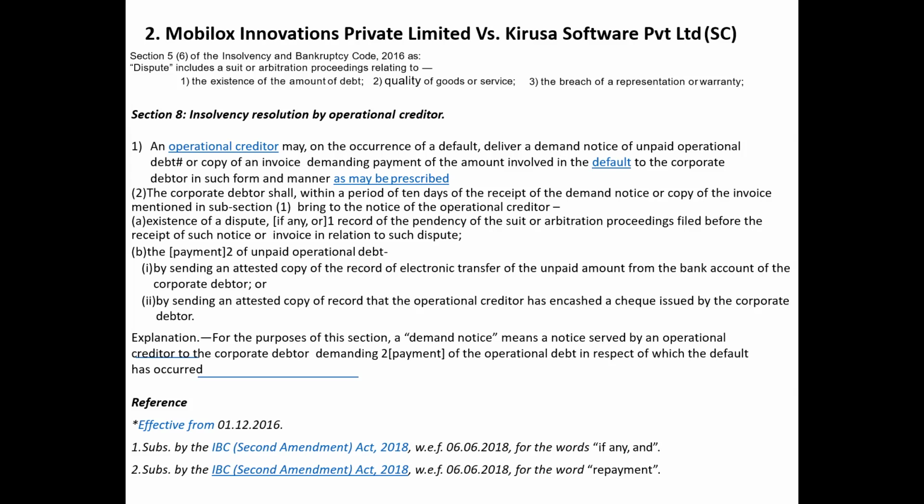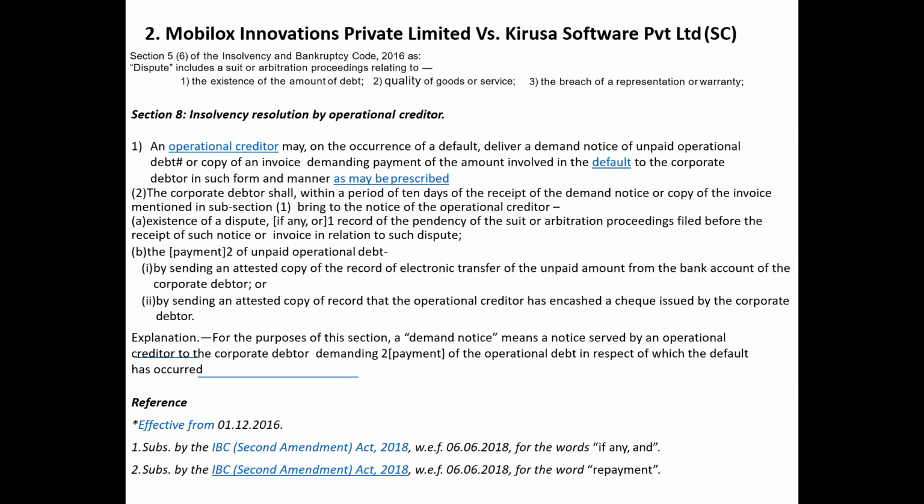So let us go back to the definition of dispute, which is covered under section 5 subsection 6. It says dispute includes a suit or arbitration proceeding.